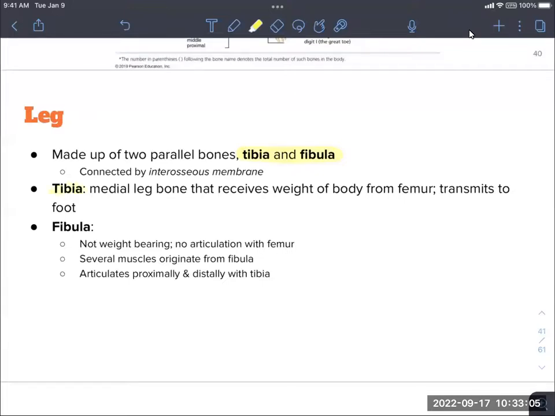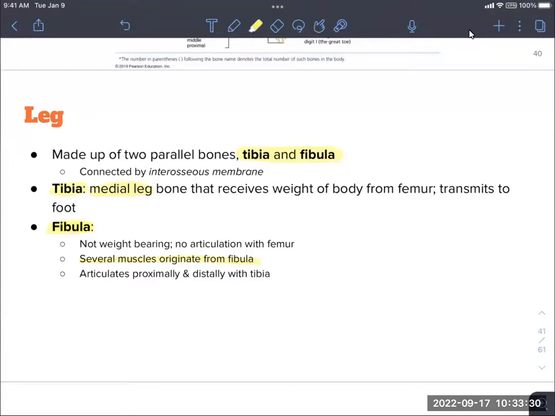The tibia is more medial and it carries most of the weight down. So after the femur that carries the weight, the tibia carries most of the weight next. The fibula is technically not a weight-bearing bone and it's lateral. So it's on the outside of the leg. It's just where muscles attach.